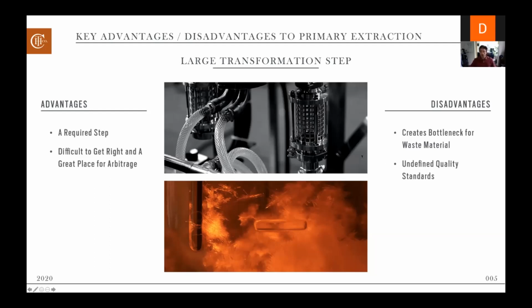Some of the challenges with this large transformation step that we deal with is really undefined quality standards. Being in a bit of a nascent industry, most of our customers are starting to understand what they don't want in the product, things like fats and waxes, non-distillable impurities, but they're not really giving us a target to shoot for.